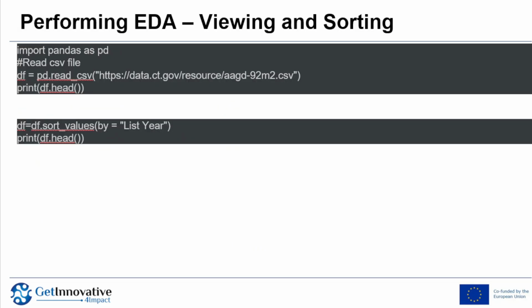In order to perform EDA, first of all we go towards viewing and sorting. We would use the Pandas library, and then we would read the CSV file, and in the next step we would type df equals df.sort_values. Then we print the values that would be needed.